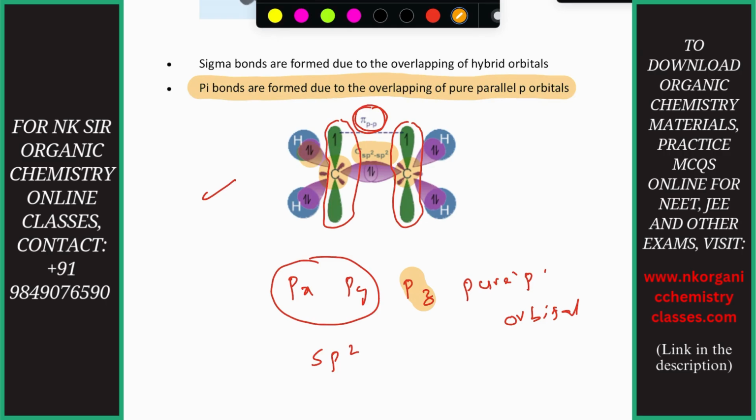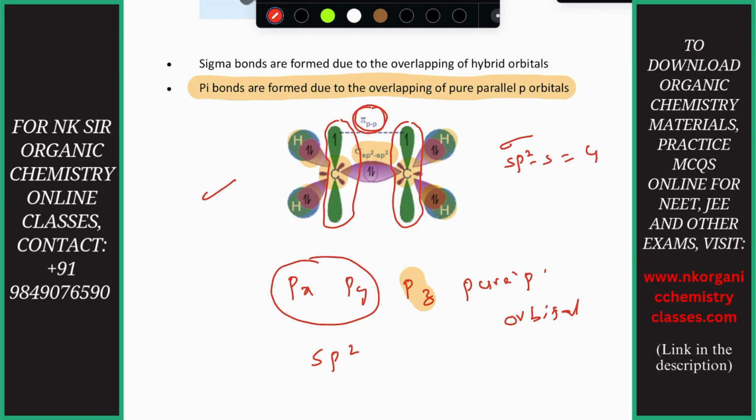This sigma bond is formed by sp2-s, this one is also formed by sp2-s, and even this one also. So once again, total sigma sp2-s bonds, how many are there?